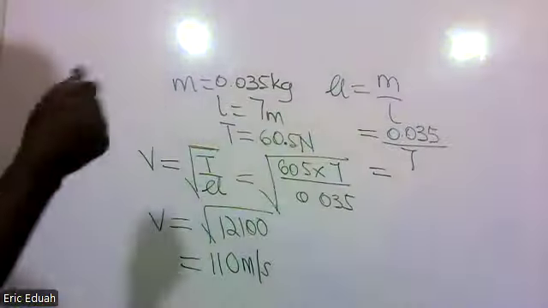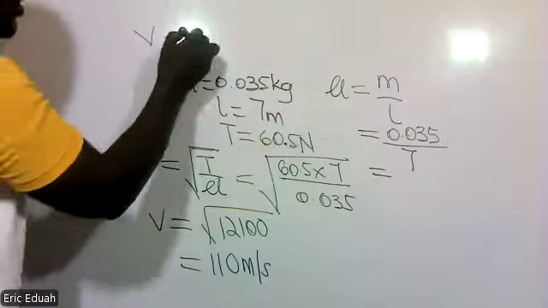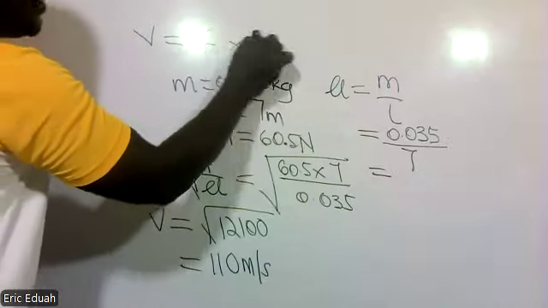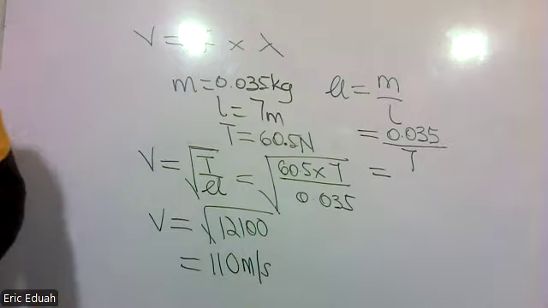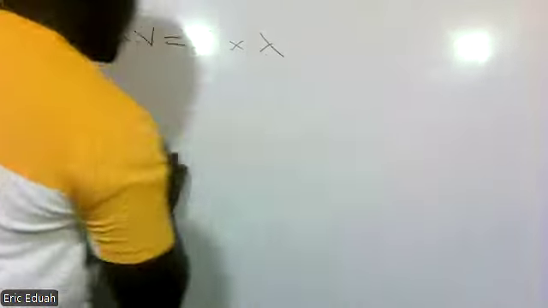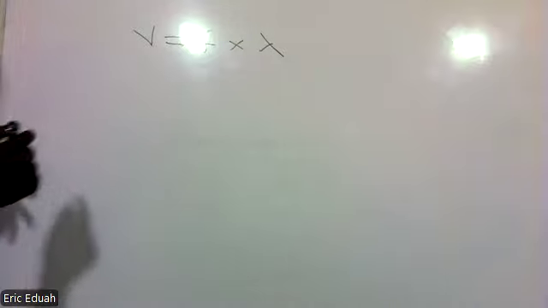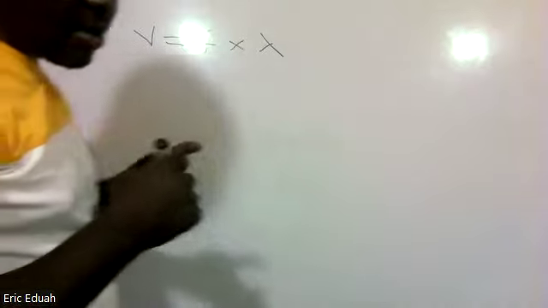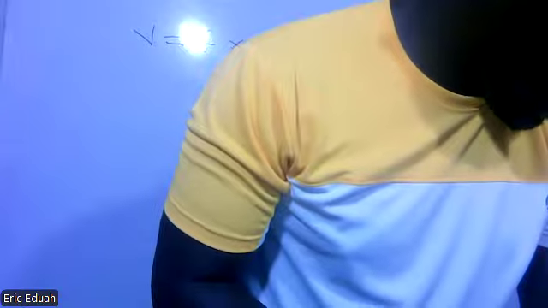For the same question, velocity of sound is also equal to F times wavelength, the frequency times wavelength. Okay, where is the question?